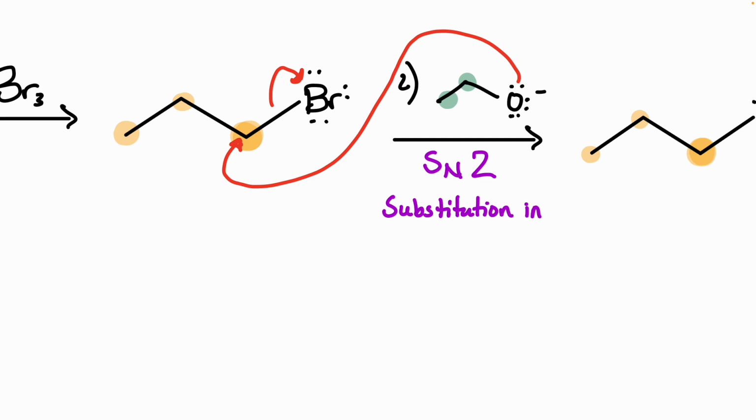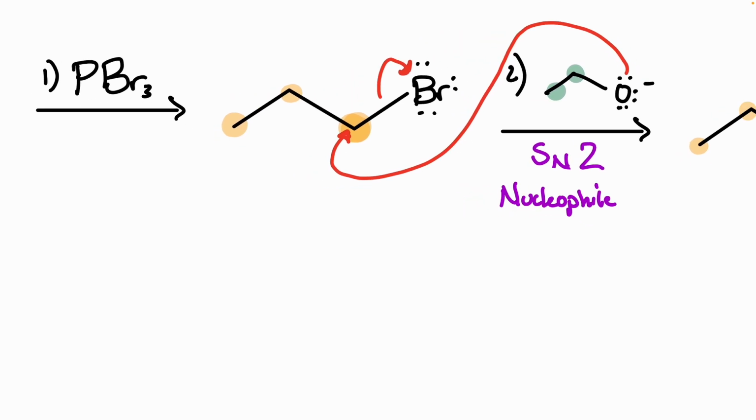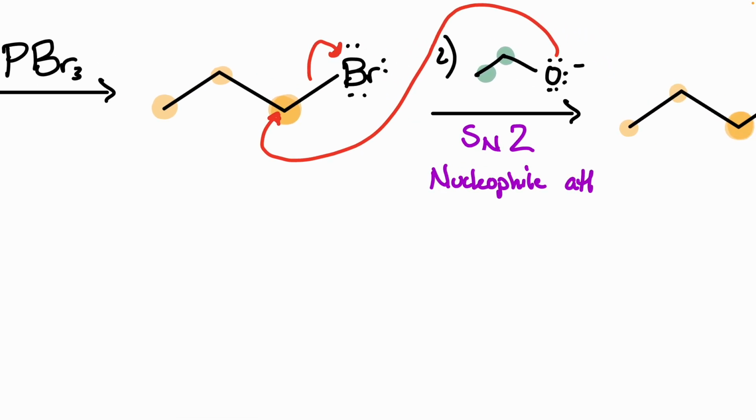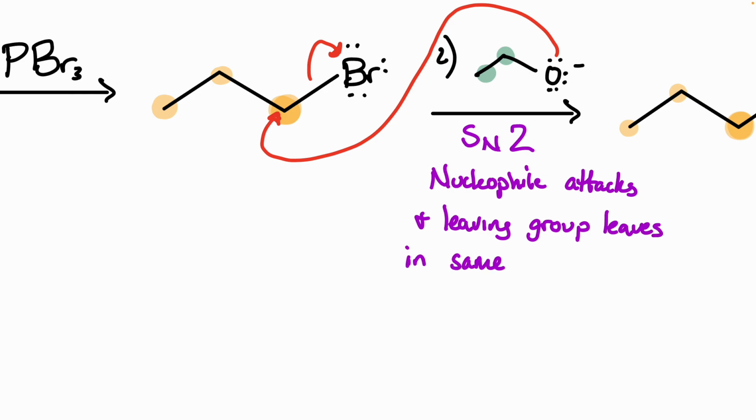Rather, SN2 specifically means that your nucleophile attacks and your leaving group leaves in that same step.